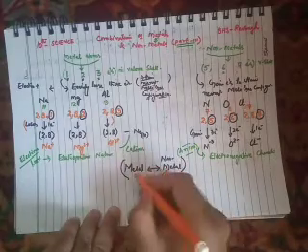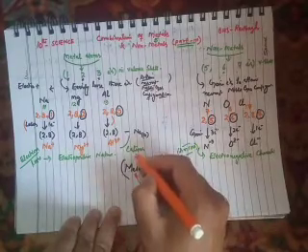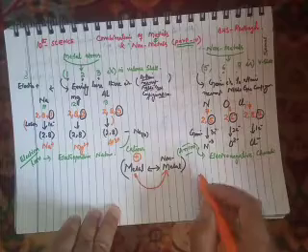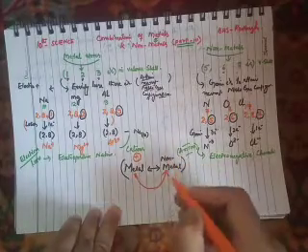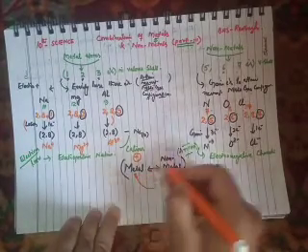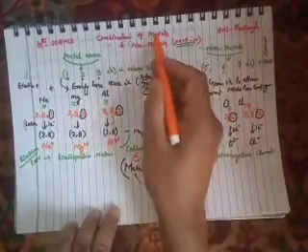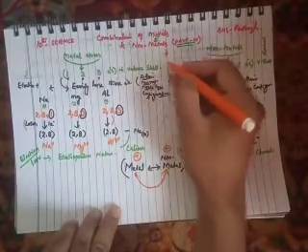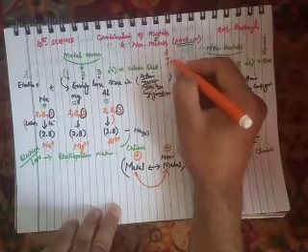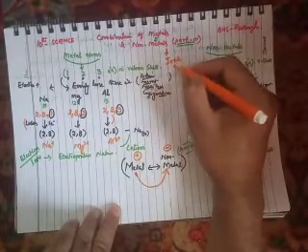When a metal loses electrons, it forms a positively charged ion. And when the non-metal gains these electrons which are lost by the metal, it forms a negatively charged ion. So when a metal and non-metal combine, ionic species are formed.